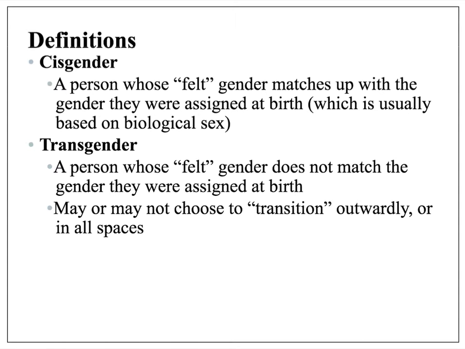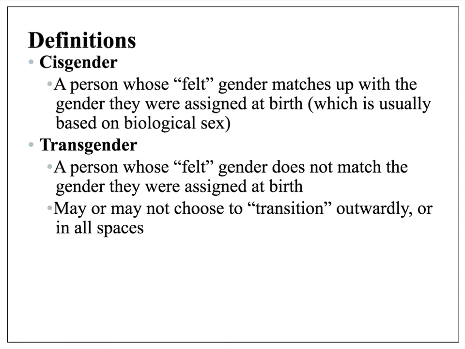You are born with female genitalia and you identify with the female gender. You are comfortable with the gender that you were assigned at birth. A baby is born with a penis and that baby is raised the gender male, and as that individual grows up, they're comfortable with that gender assignment.